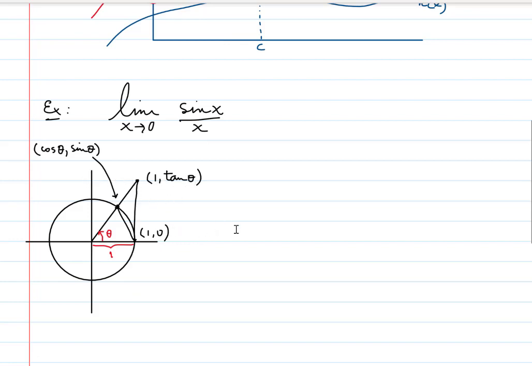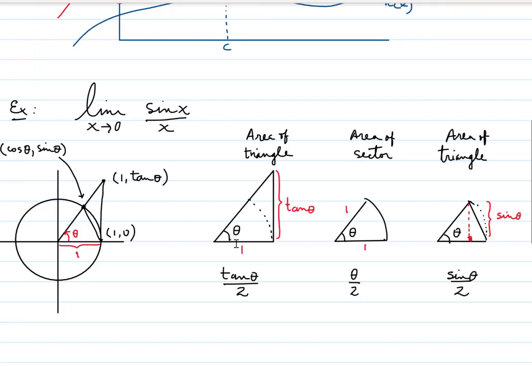Okay, so the idea is going to be the following. We have here 3 sections, right? From this sketch on the left, if we compare the areas of these 3 regions, we're going to come up with the inequality that we're looking for.